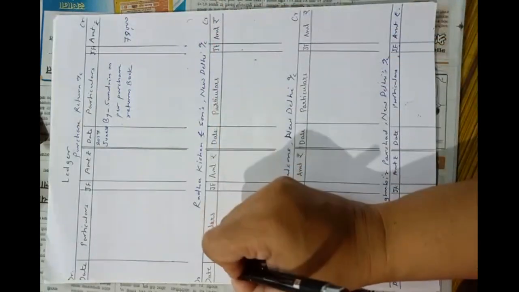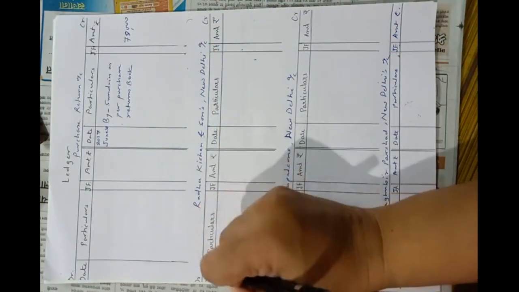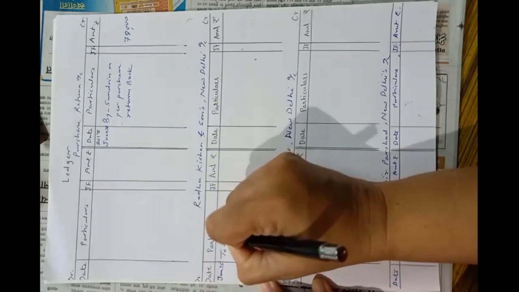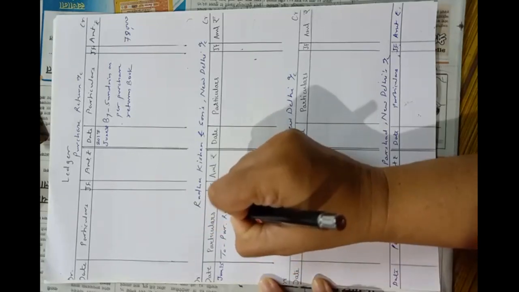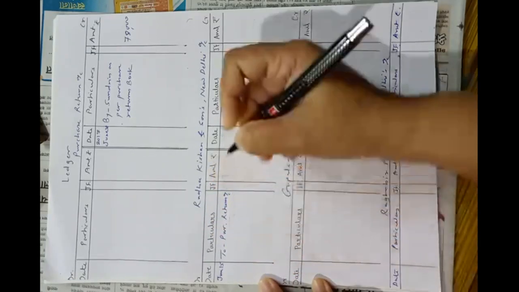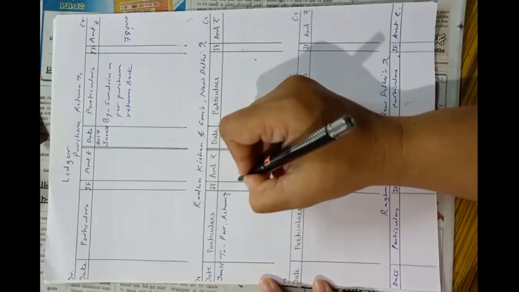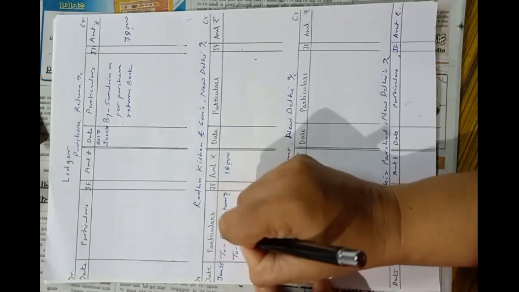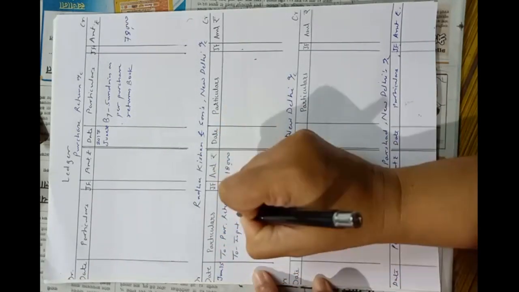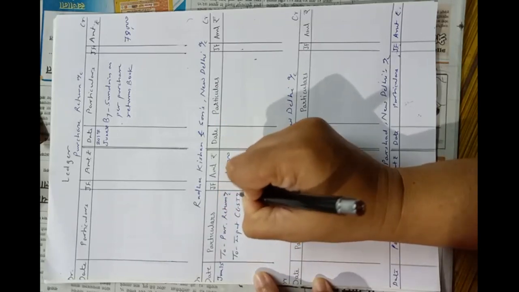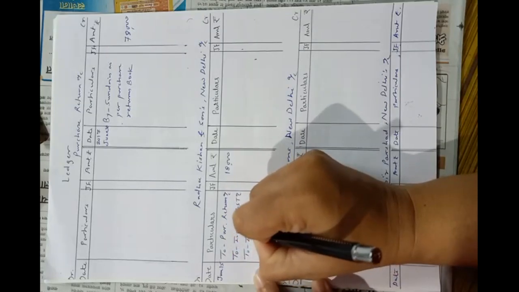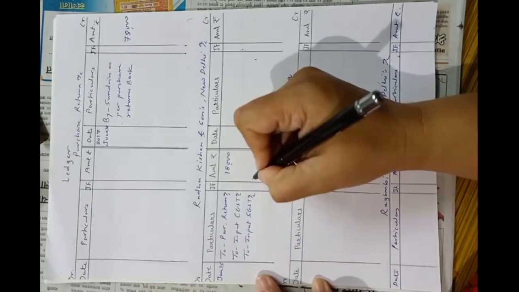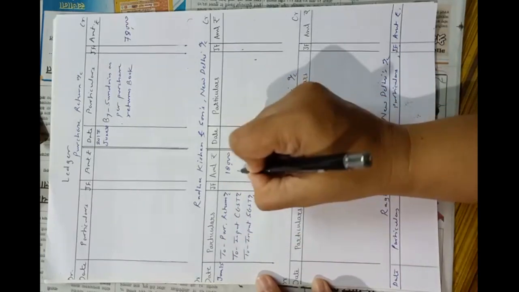Okay, so on the date of June 15th, to purchase return account, amount will be 18,000, to input CGST account, to input SGST account, and the amounts are 1080.